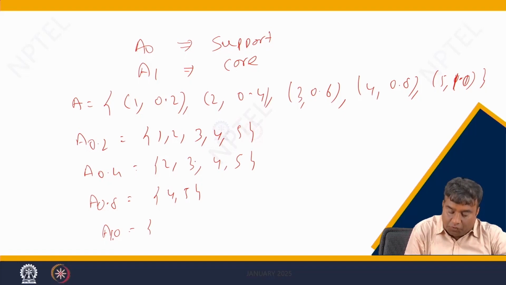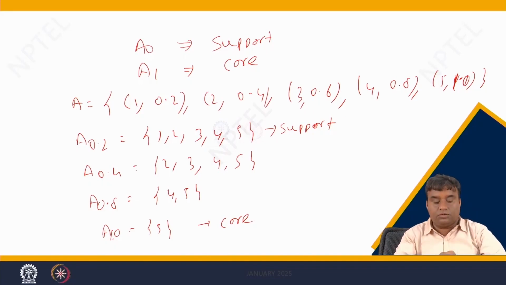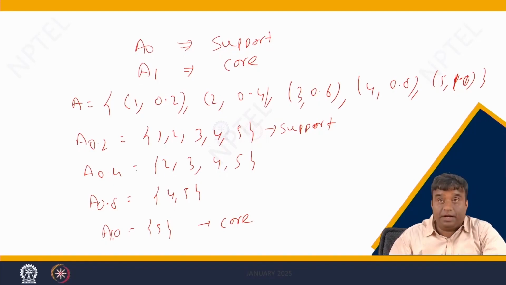A 0.4 is 2, 3, 4, 5. A 0.8 is 4, 5. A 1.0 is 5. So this denotes the support. This denotes the core. Okay. So I hope you have understood this example.